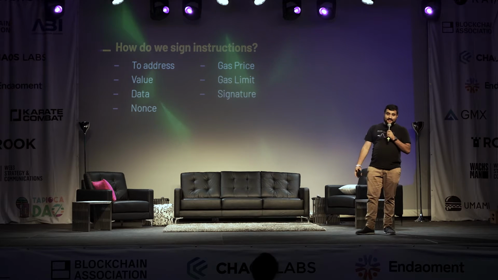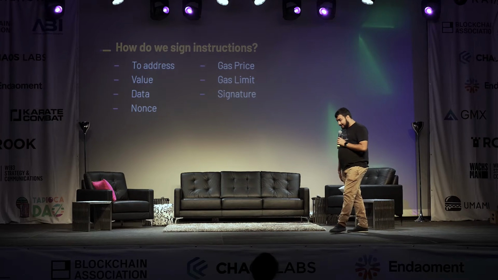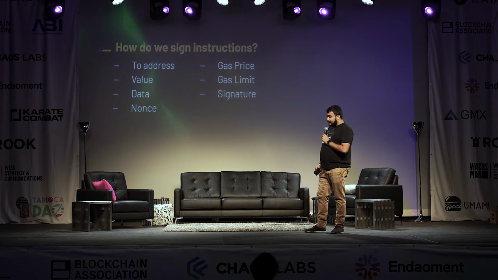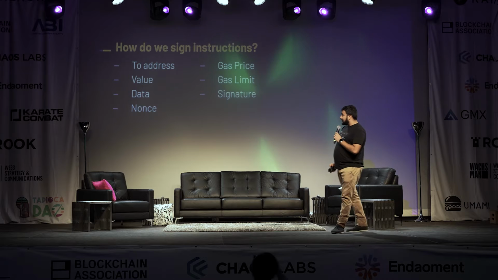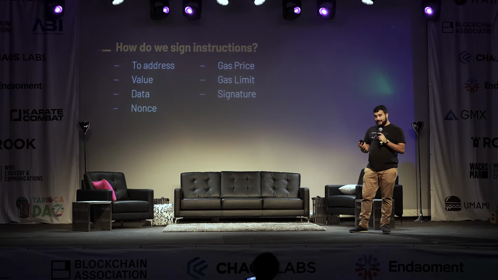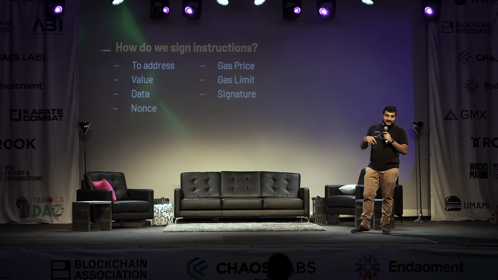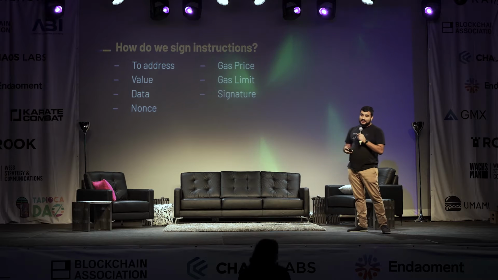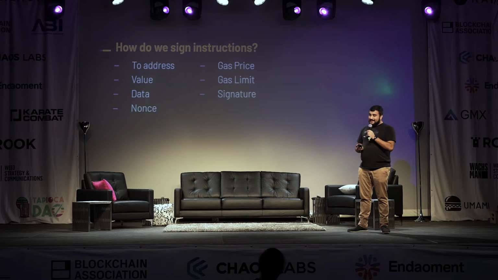So how do we sign these transactions? A regular ETH transaction, if you think of it as like an envelope, has a to address, so where do you want to send the transaction? You've got a value, so if you want to put a little bit of money in the envelope for the person you're sending it to, or in this case, some ETH.